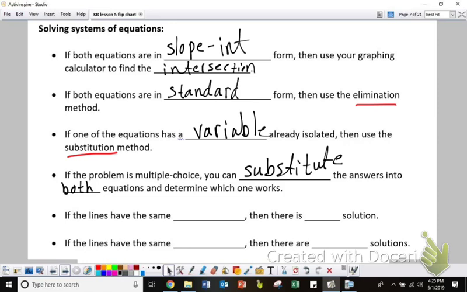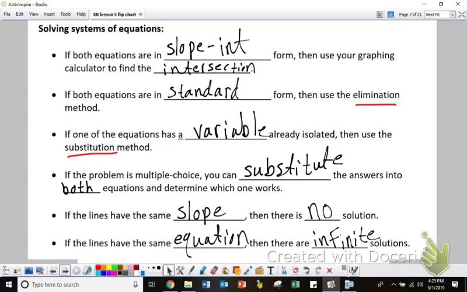If the lines have the same slope, then there are how many solutions? No solutions. But if the lines have the same equation, then there is an infinite number of solutions. There are infinite solutions when they have the same equation. So again, that's just that overlapping lines are the exact same.